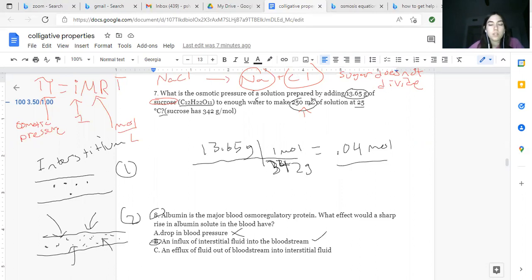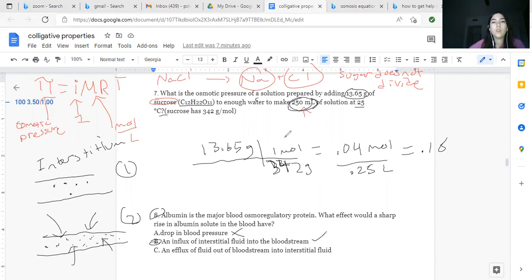We're going to bring these and put them under. So this is 0.25 liters. When I put these over each other in my calculator, I get 0.16 as my molarity. Okay, so we're going to put that as our molarity.